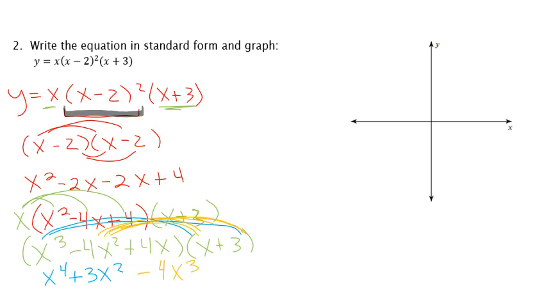Negative 4x squared times 3 is negative 12x squared. And then from there, we're now going to distribute this last 4x.